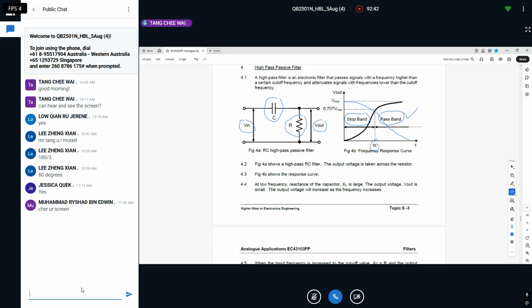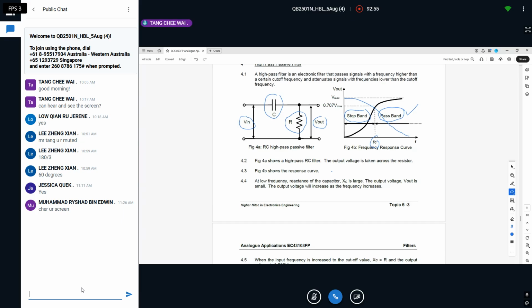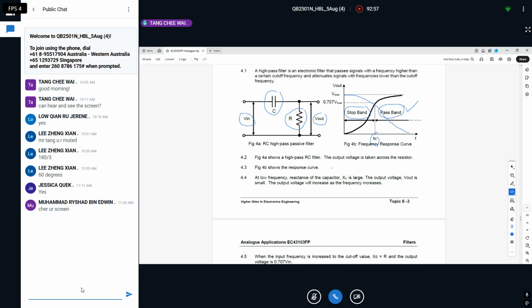With that in mind, you don't have to worry too much, because as I mentioned, if you know the low pass, the high pass is just the opposite. They tell you the same thing.